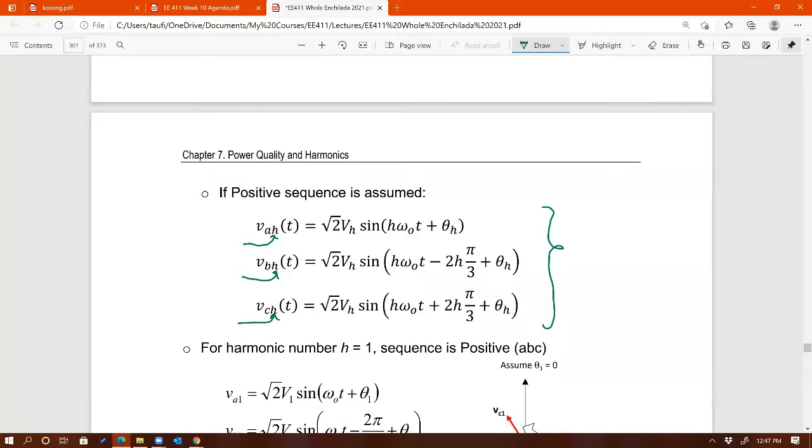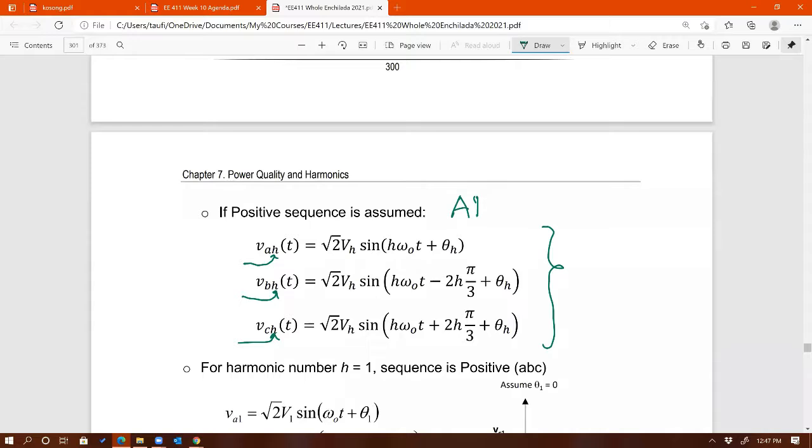The first one, as you can see, is assuming ABC sequence. How do I know that? These three-phase voltages follow ABC or positive sequence. From the angle. The first one, you can see the reference is theta h. The second one is theta h minus 2 pi h over 3. See that? So that's minus, and go ahead and put h equal to 1 for now. So you can see that's minus 120, right?